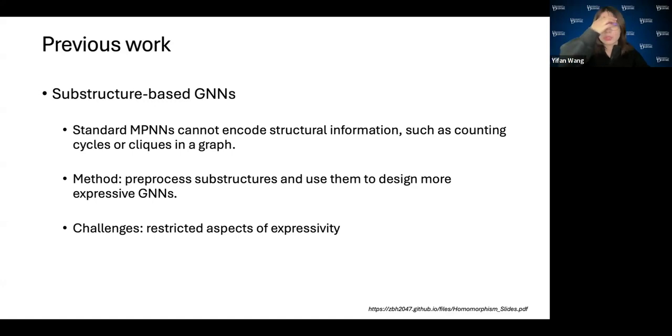To improve this, many works focus on pre-processing these substructures and using them as input to design more expressive graph neural networks. However, these models only show restricted aspects of expressivity. And this leads us to a natural question: how can we quantitatively measure the expressive power of a proposed graph neural network?